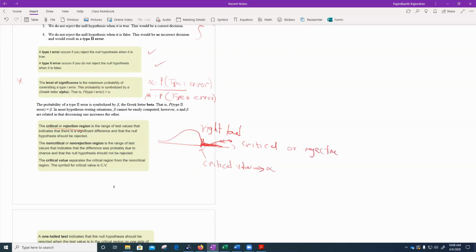So the critical region or rejection region is found by looking at your alpha. Alpha will be given in the problem. Whatever is left over here is called the non-critical region, right? So this is called a non-rejection or non-critical region.